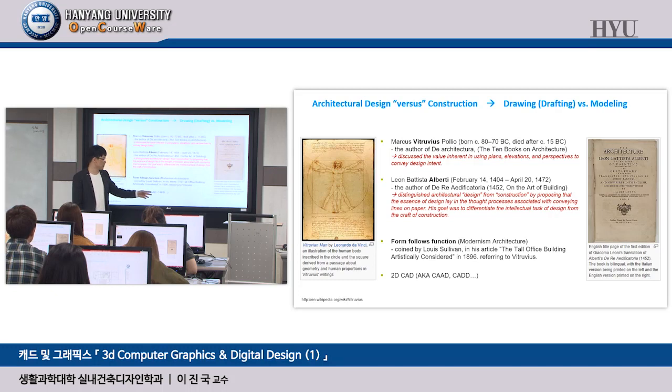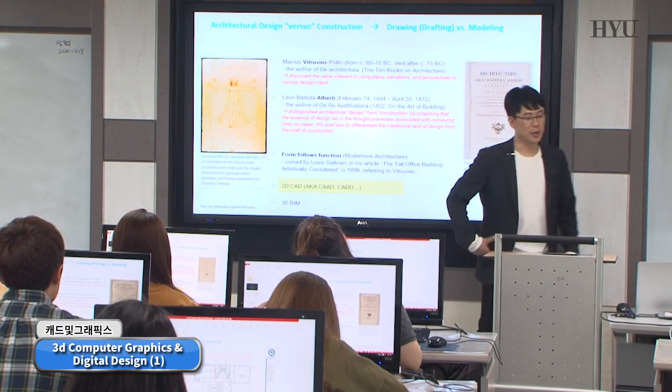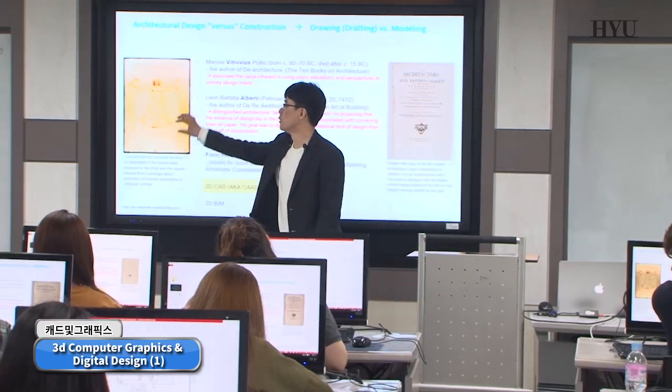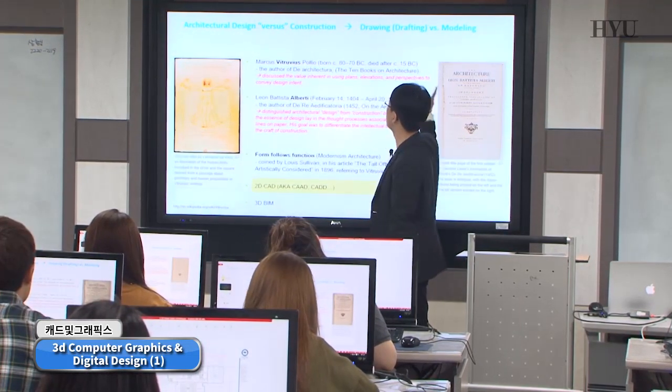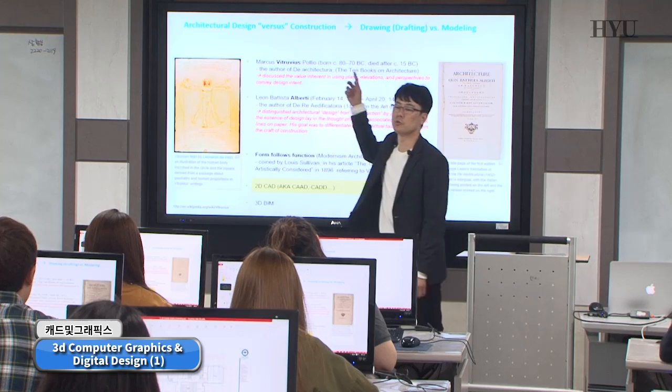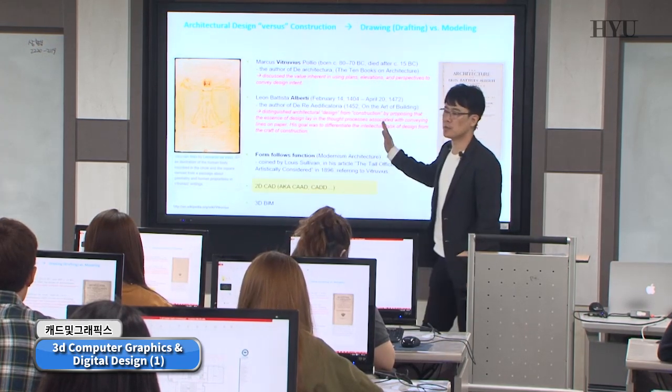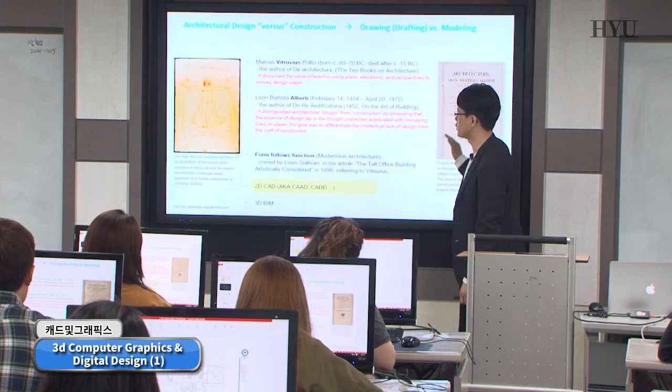Nowadays, 2D computer-aided design system, architectural design system, drafting and design system, 3D BIM system. Even if we are handling this area, computer-aided design, my point here is drawing, invented by Vitruvius 2,000 years ago, and some separation, drawing, and some construction craftsmanship.